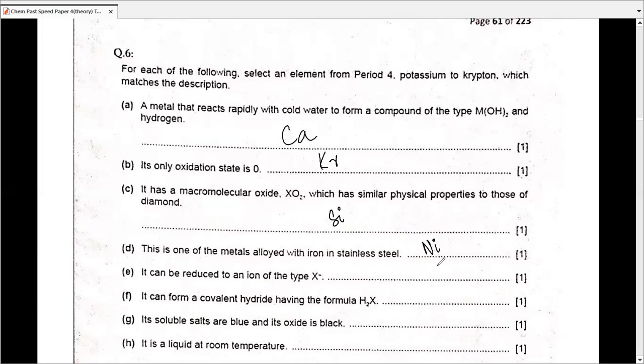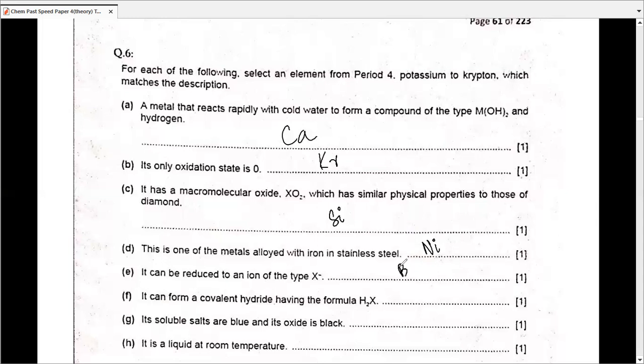A type X negative ion can be made. Don't worry about the word reduced. Bromine.